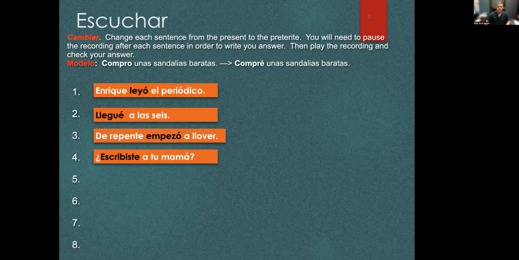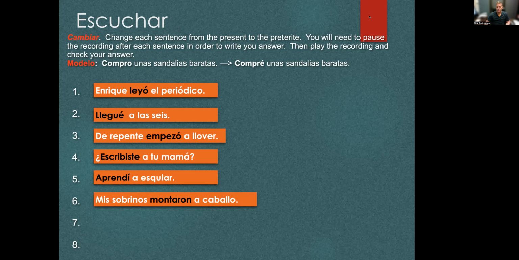5. Aprendo a esquiar. Aprendí a esquiar. 6. Mis sobrinos montan a caballo. Mis sobrinos montaron a caballo. 7.